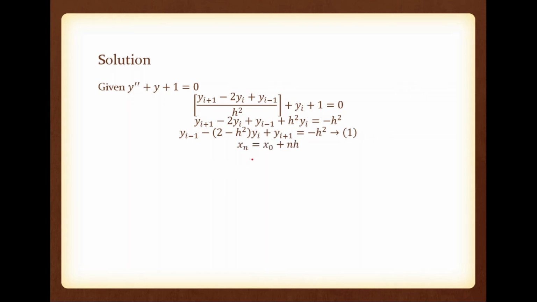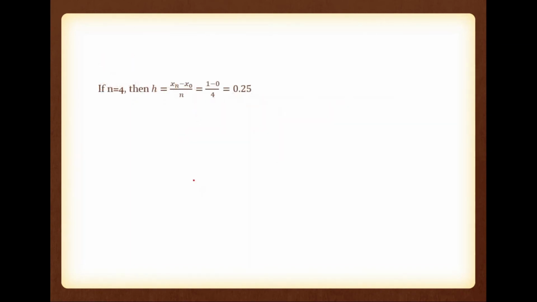Please note always xn equal to x0 plus nh. What is x0? x0 equal to 0. And xn is equal to 1. Now n equal to 4, so h is equal to (xn minus x0) divided by n, that is 1 minus 0 divided by 4. So we have 0.25.